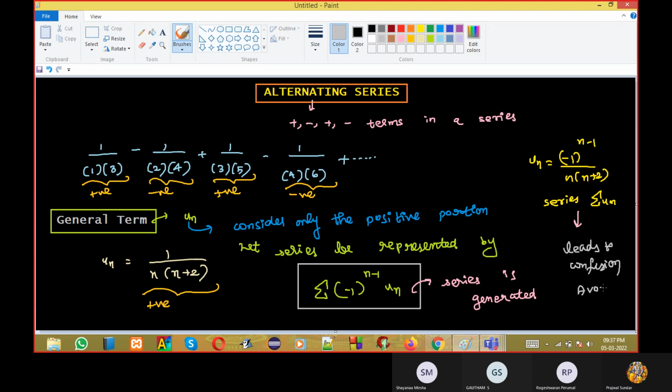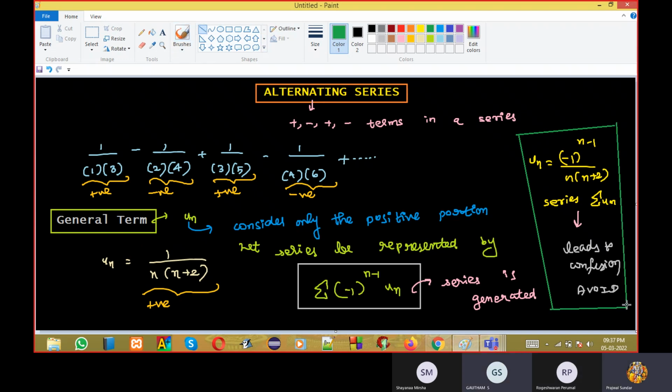Both are correct, but I am recommending, and I'll do all problems considering un only as positive. When you are taking un, please take it as only positive. This is correct but will cause confusion. Am I clear? Can I proceed? Yes. Okay.